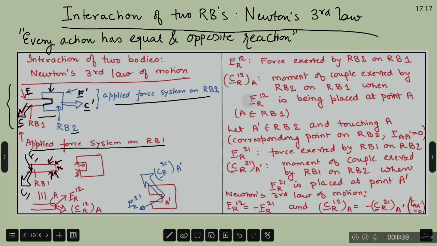That is what I have shown here. Similarly, when you go to RB2, there will be some force system coming on RB2 because of RB1, and of course whatever applied force system was acting on RB2 is still there.